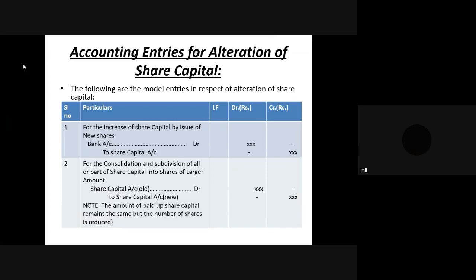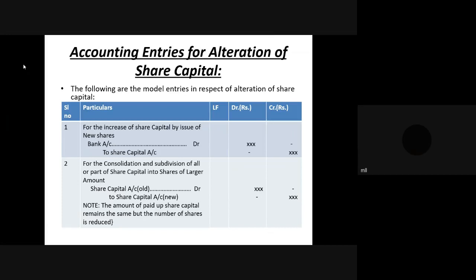The first entry is for the increase of share capital by issue of new shares. The passing entry is bank account debit to share capital account credit. The second entry is for the consolidation and subdivision of all or part of the share capital into shares of larger amount.